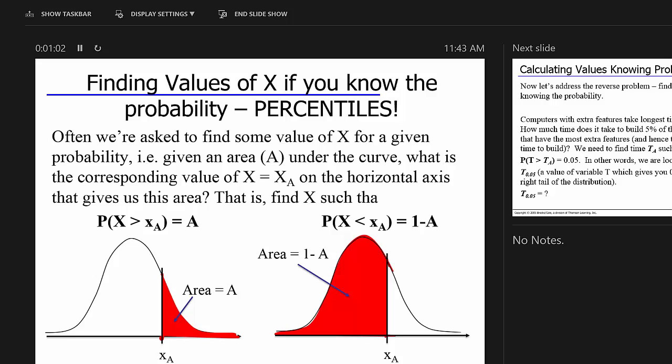The value of the random variable x that cuts off the area A in the right tail, I'm going to call x with the subscript A. If the area is 0.3, I'm going to call it x 0.3. If the area is 0.05, 5%, I'm going to call it x with the subscript 0.05, etc. So if area A is in the right tail, then in the left tail whatever is missing, since total area is 1, is 1 minus A.